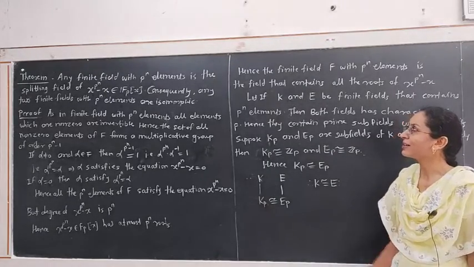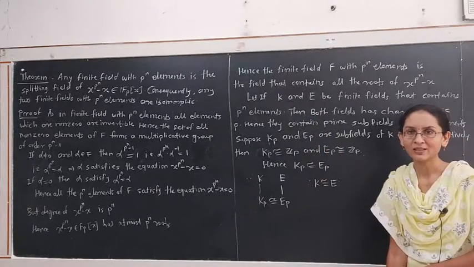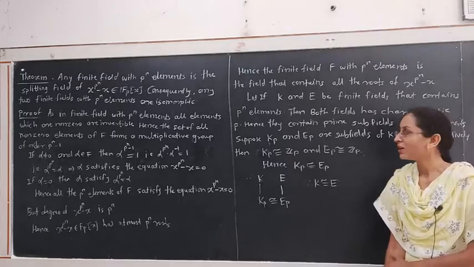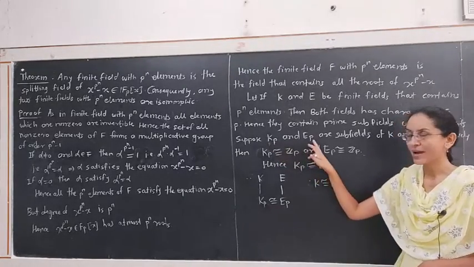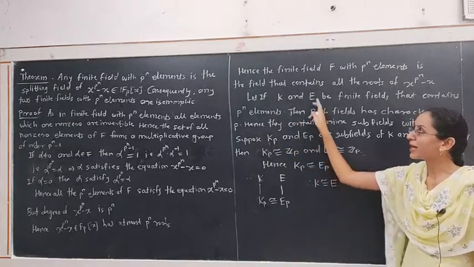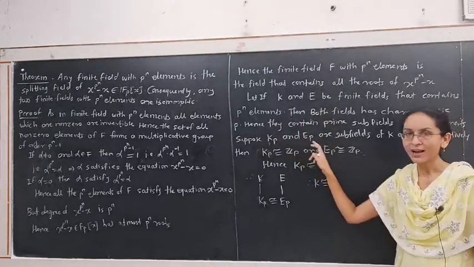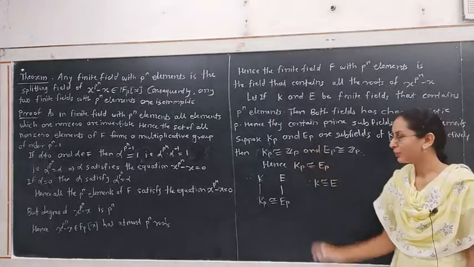Here we have two finite fields K and E, hence they have prime subfields isomorphic to Zp. Suppose they are Kp and Ep. Kp is the prime subfield of K and Ep is the prime subfield of E. Both are isomorphic to Zp, hence Kp is isomorphic to Ep.